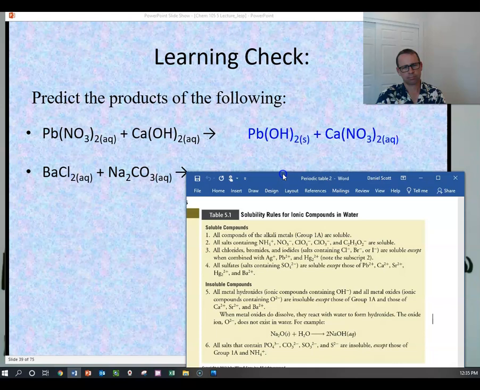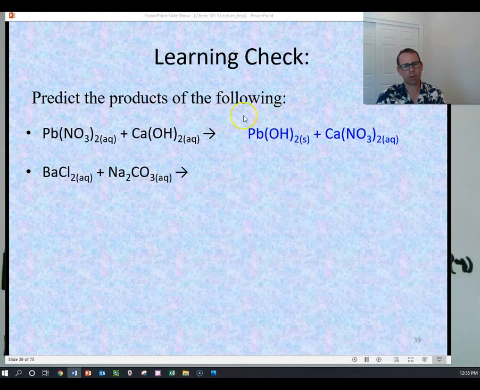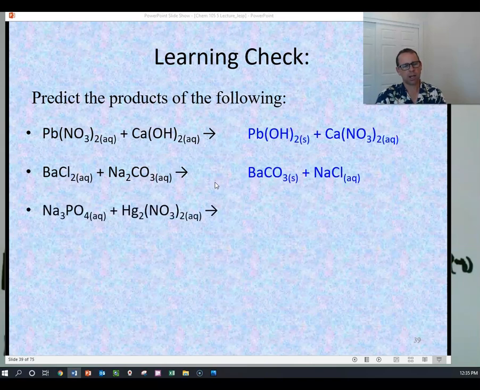Barium carbonate. Very good. Barium carbonate is going to be a precipitate. Excellent. How about this one here? We got sodium phosphate and mercury nitrate. Now, what are our products going to be?